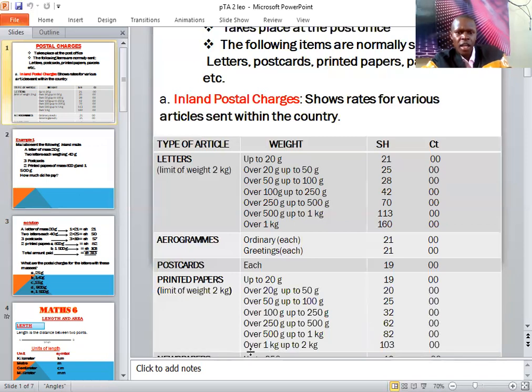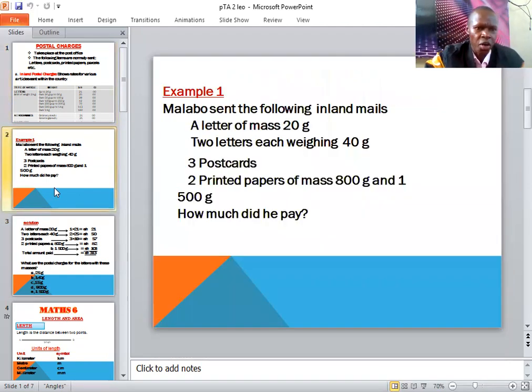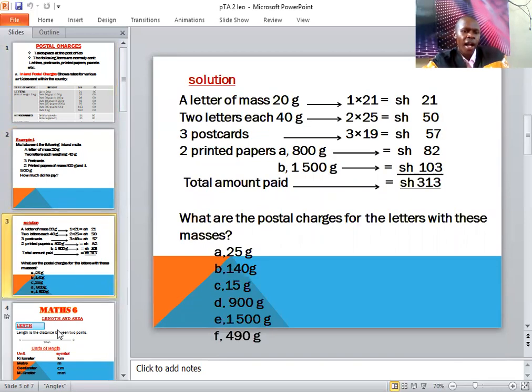Yes, it is falling in this range, over 1 kilogram up to 2 kilograms. What is the charge? It is 103 shillings. Now, for you to answer this question, we are going to work out this question this way. This is the solution.